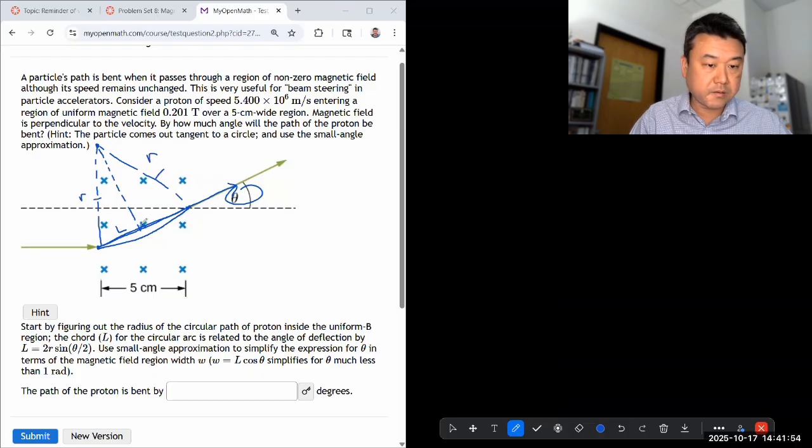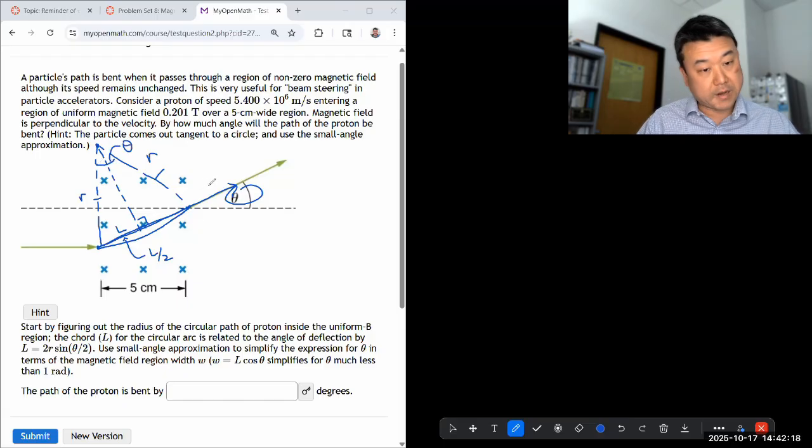Drop down a perpendicular bisector to have a right triangle on each side. Then this portion will be L over 2, and that's related to this r. The part I'm supposed to prove is that this theta should be the same as this entire theta.